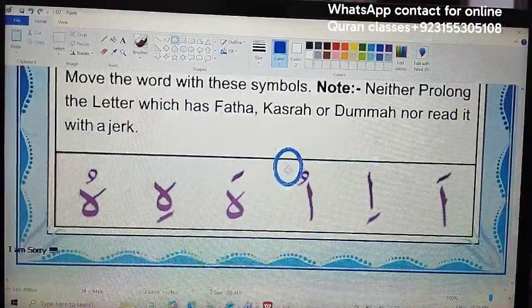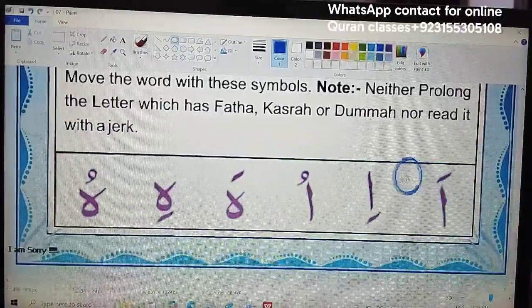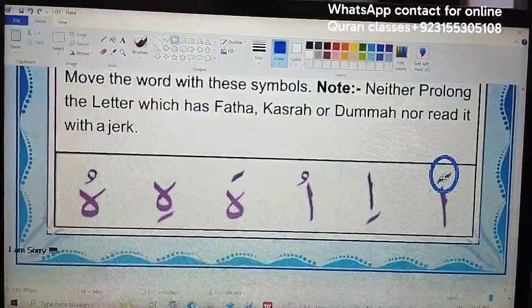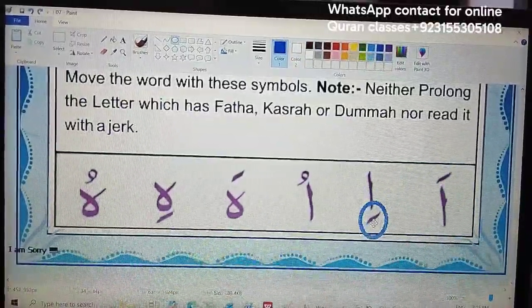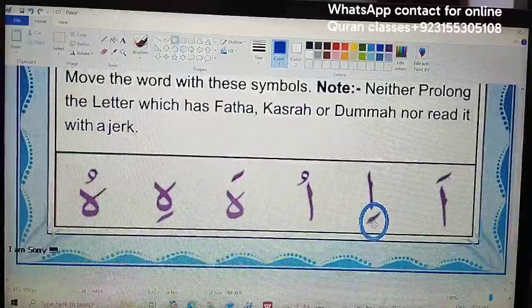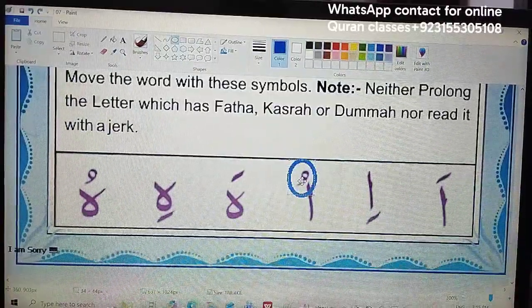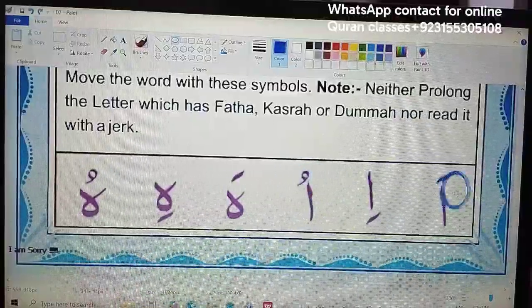So this is the instruction about the movements, three kinds of movements. First one is fatha, which is always above a letter, and the second one is kasra, which is always below a letter, and the third one is dhamma, which is always above a letter.